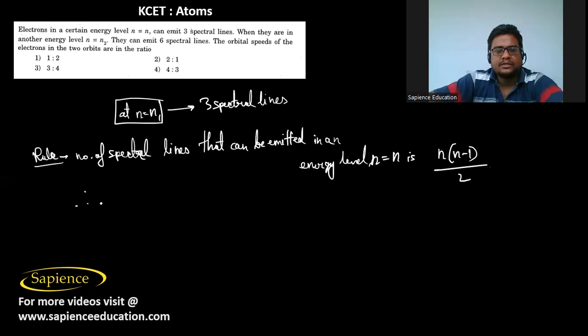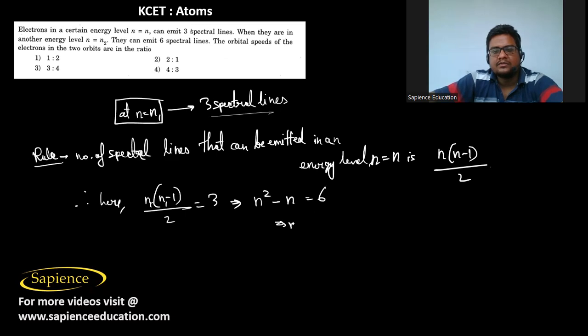So here at n equal to n1, the number of spectral lines is 3. It means n1 into n1 minus 1 by 2 is equal to 3. It means n square minus n equals 6. n cannot be negative; n should be a natural number, since it is the energy level number.